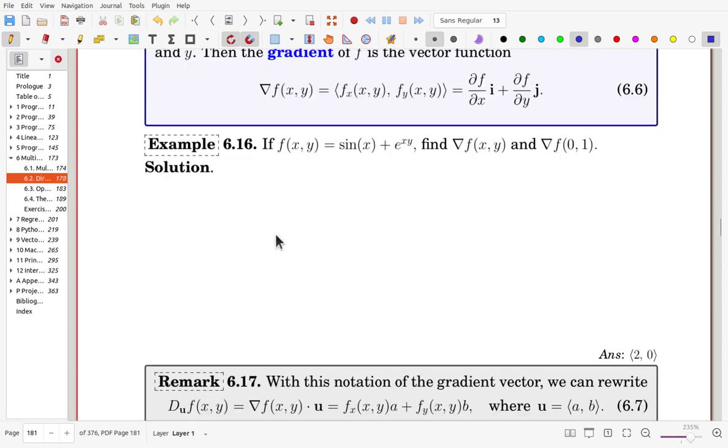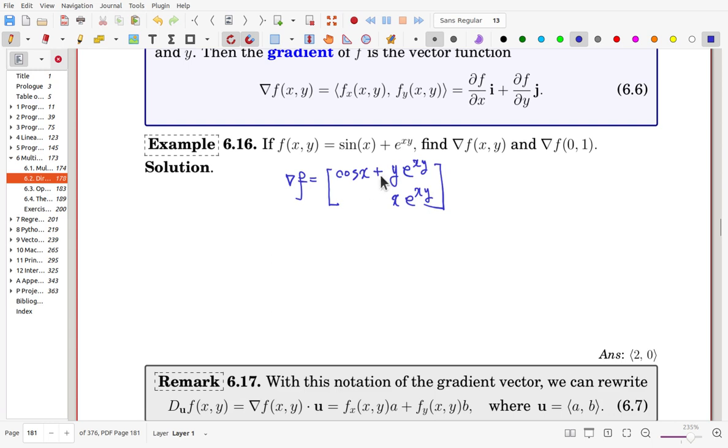For example, for that one, we can find the gradient vector easily. Simply, the x derivative is cosine x plus y e to the xy, right? Now, the y derivative is 0 plus x e to the xy, right?